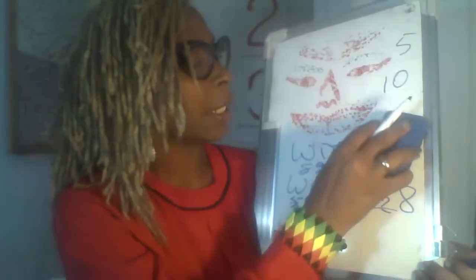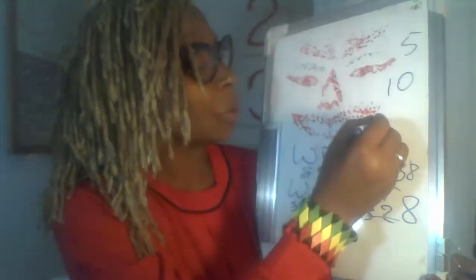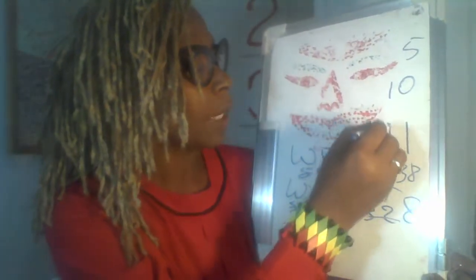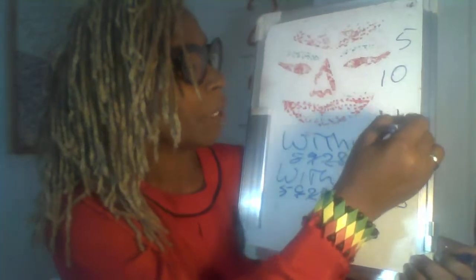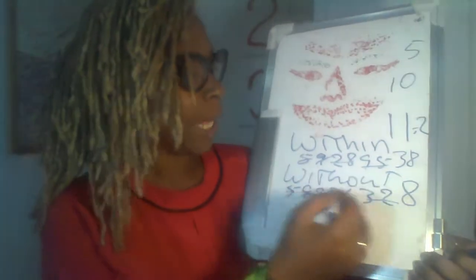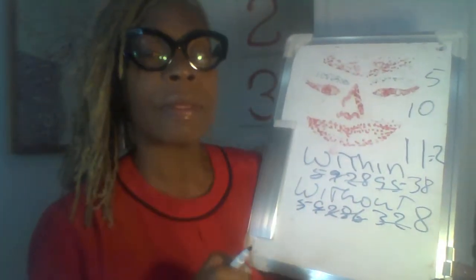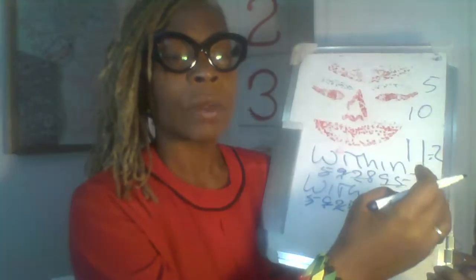Let's look at this. Within, there were two aspects. Let's just say 2 or 11, because 11 equals 2, is within. And we have 8, well, that is without. But here the earth was with and it was out.